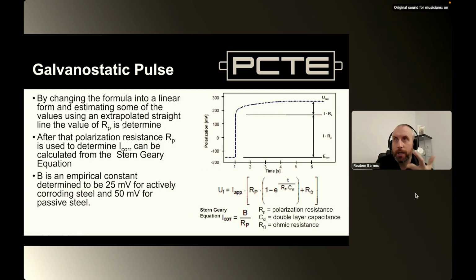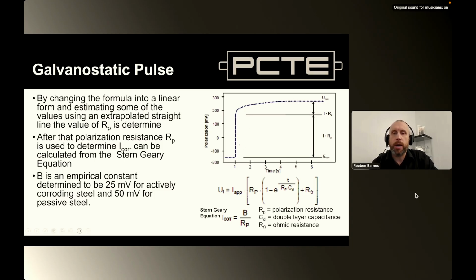I promised some more technical slides. So if we look here, effectively what we're trying to do is calculate this I corr. That's effectively what our corrosion rate is. And from that, we can make some determinations as to what the corrosion rate is. When we do our shift, we effectively have our potential, and then we apply our current and we get our shift.